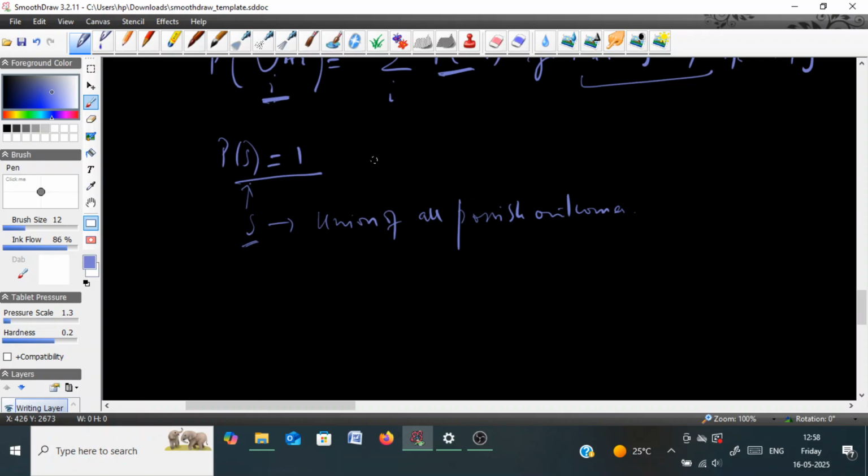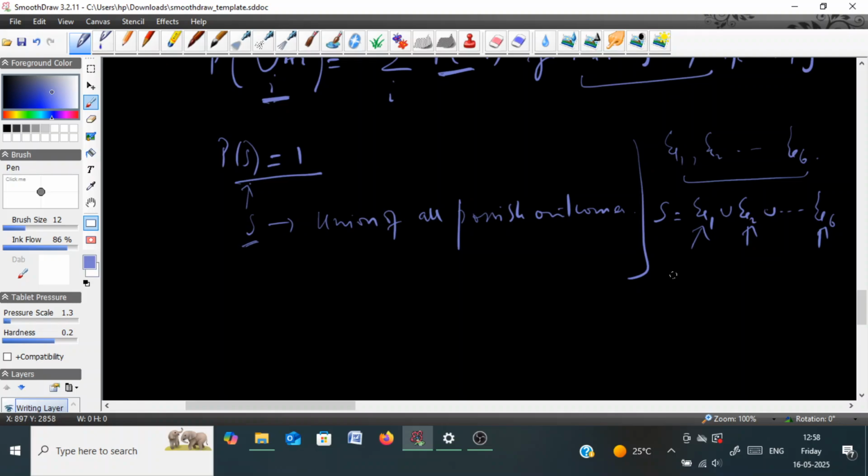Suppose you roll a die, then you have zeta 1, zeta 2 up to zeta 6. And the sample space S is nothing but zeta 1 union zeta 2 union zeta 3 up to union of zeta 6. All these zeta 1 up to zeta 6 are elementary events. By default, they are disjoint, because if zeta 1 occurs, then zeta 2 cannot occur. If zeta 2 occurs, then zeta 3 cannot occur.